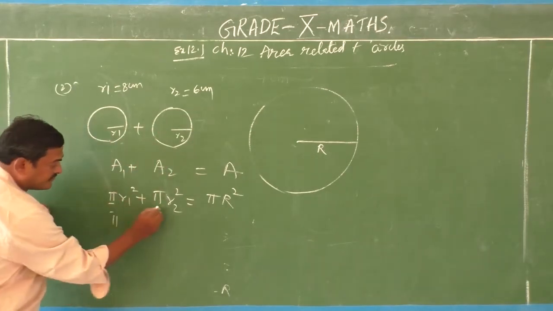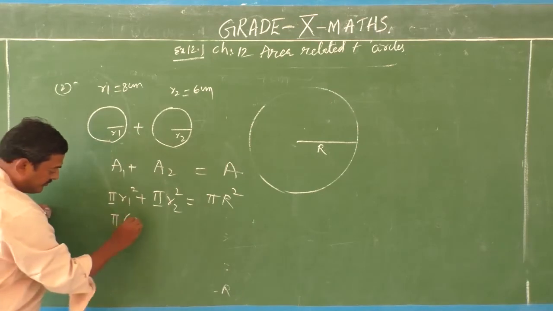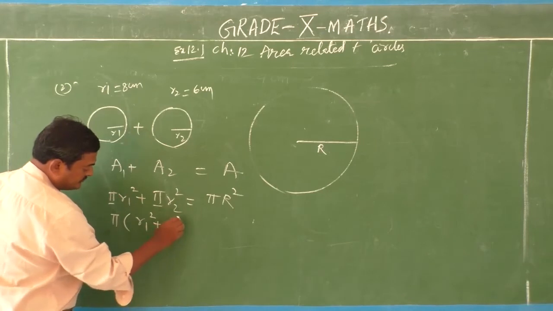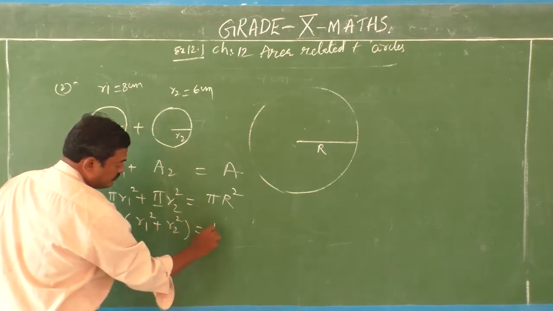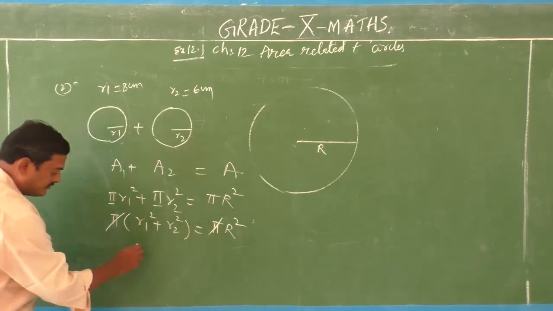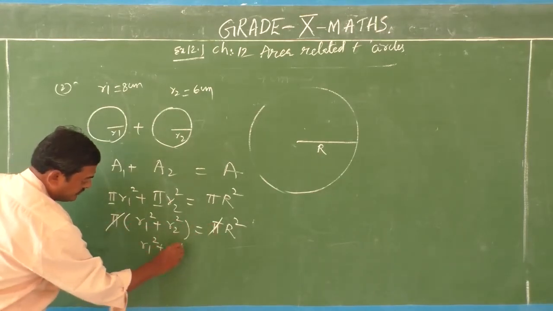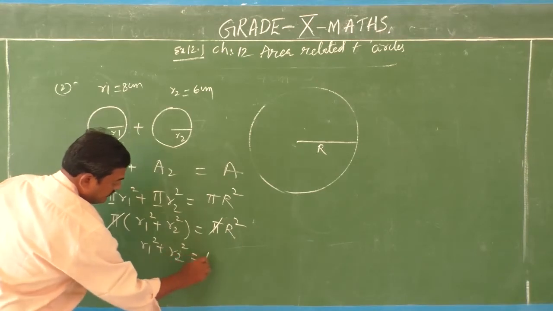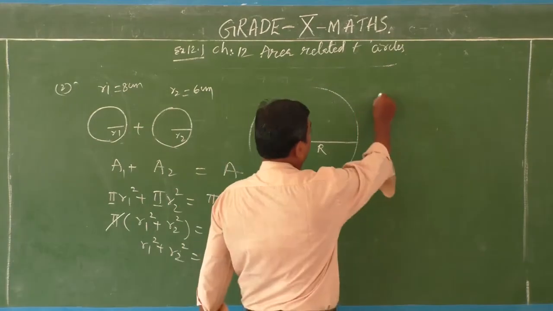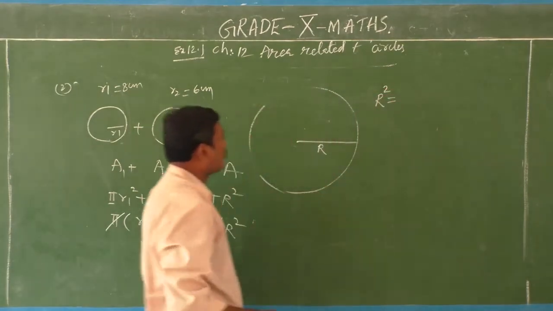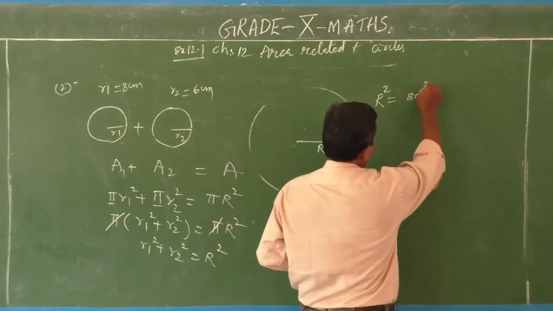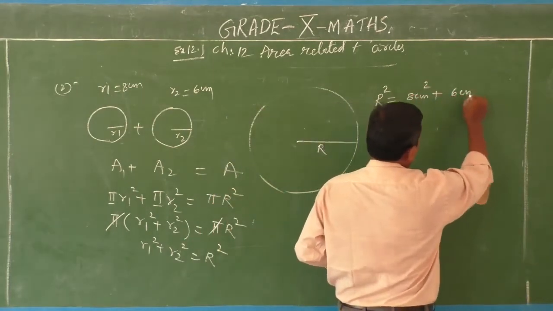Now, pi is common for both. Taking pi common, R1 square plus R2 square equals pi capital R square. Pi gets cancelled, so R1 square plus R2 square equals capital R square. Now, capital R square equals R1 square, what is R1? 8 centimeter square plus 6 centimeter square.